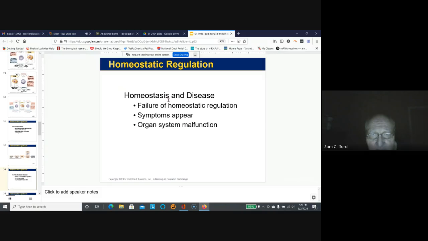So homeostasis is very important. If we don't have the proper pH, the proper ion concentration, the proper amount of blood, the getting rid of waste, the filtering of the blood to remove waste and to make sure our blood has the proper balance and proper concentrations of various substances.